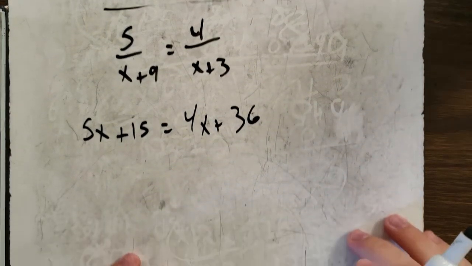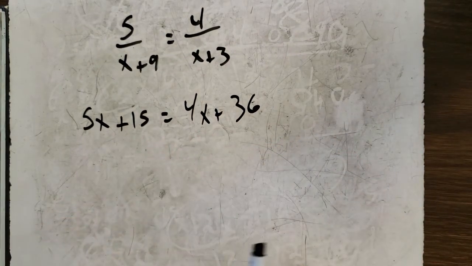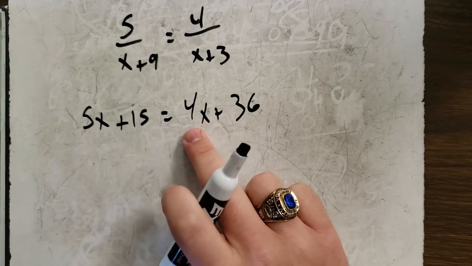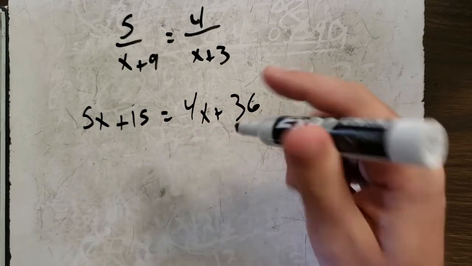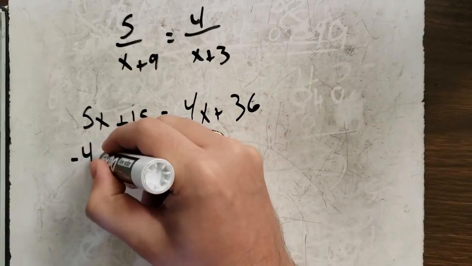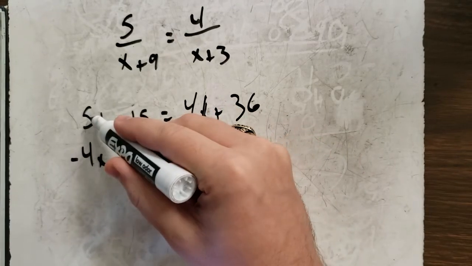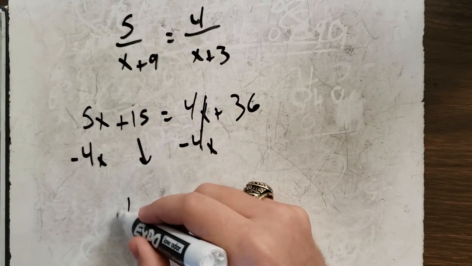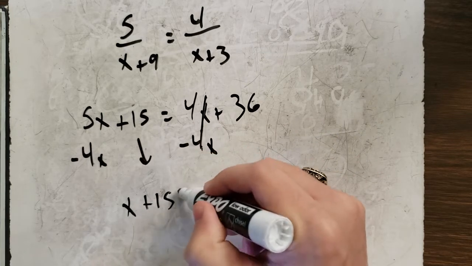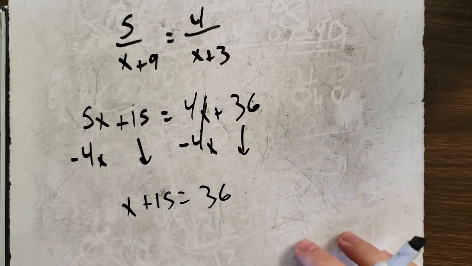Now we have to get our letters on one side and numbers on the other. Keeping things positive, I'll take my smaller x and move it to this side. Because it's positive 4x, I can subtract 4x from both sides. That cancels out. Bring down your 15. 5x minus 4x is just x, or 1x. Bring down your plus 15, and that equals 36.